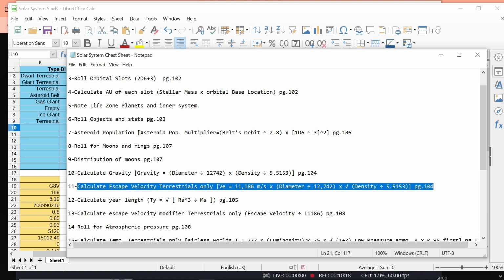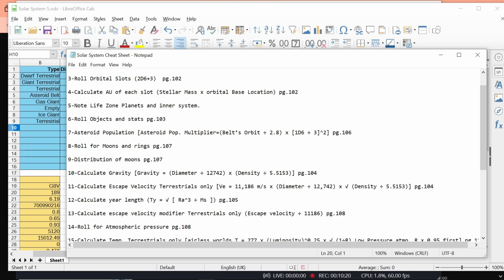So the calculation for this one is very similar to the last one, but slightly different. If you're wondering what these numbers are, 5.5153 is the density of the Earth, and 12,742 is the diameter in kilometers of the Earth.